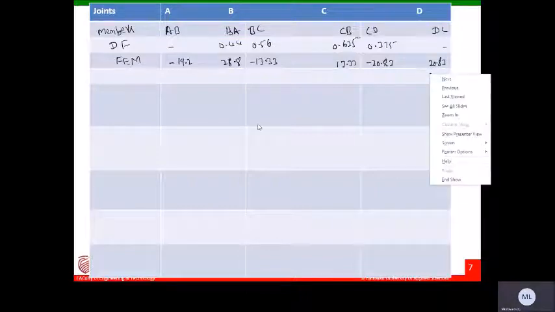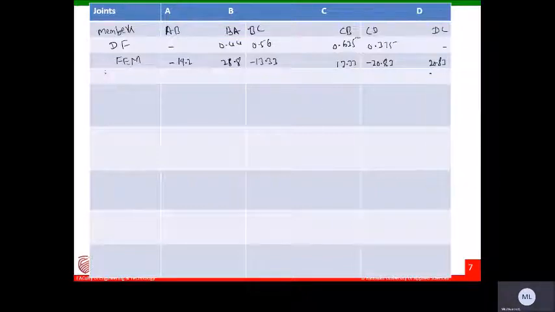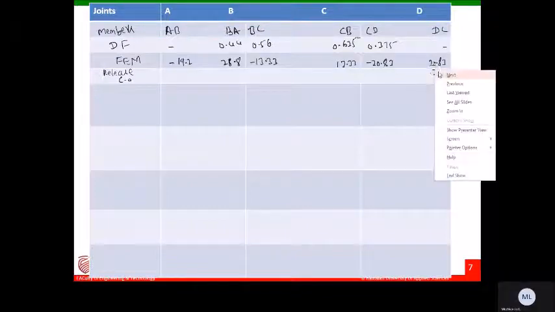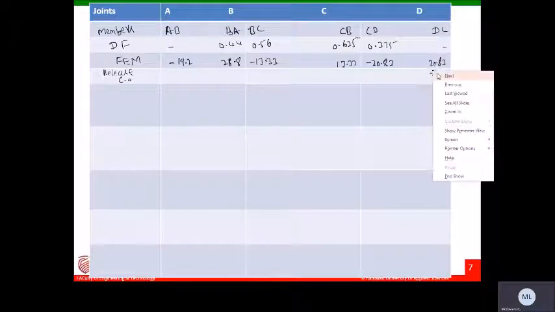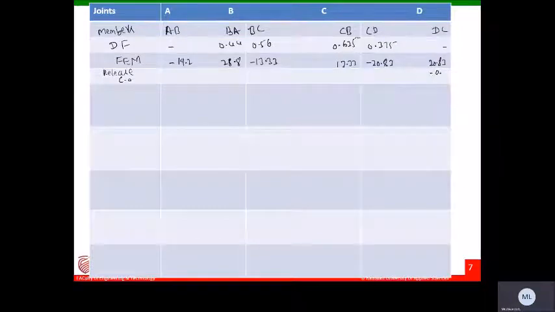If I release, I have to do release and carry over. Then you release the moment. How much do I have to release? Release minus 20.83 at DC.